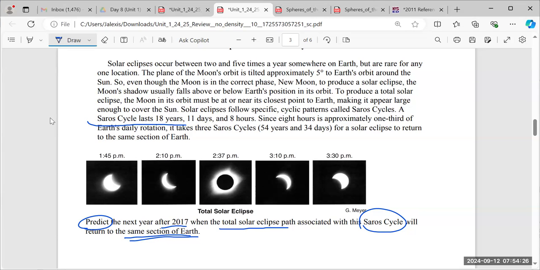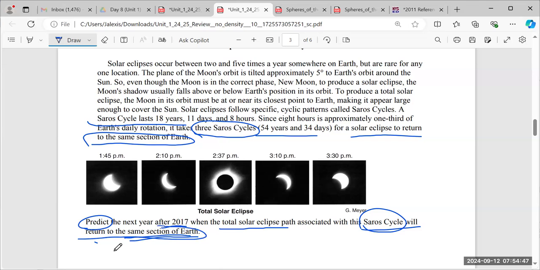But it says since 8 hours is approximately 1/3 of Earth's daily rotation, it takes 3 Saros cycles for a solar eclipse to return to the same section of Earth. Look at what the question says. It literally says right here, Saros cycle will return to the same section on Earth. Look, solar eclipse to return to the same section on Earth.